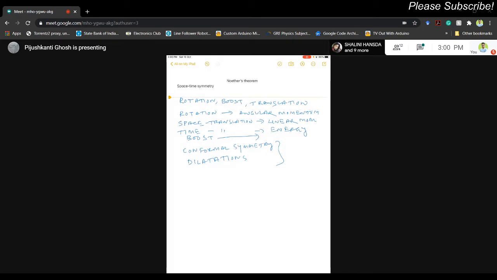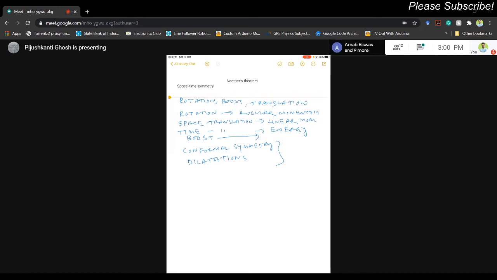Many concepts you are already familiar with after completing the MSc first year course in physics, and without their relation to space-time symmetry or space-time origin, some concepts are introduced. But you will be surprised to see that boost is related to a very important quantity which you have encountered.